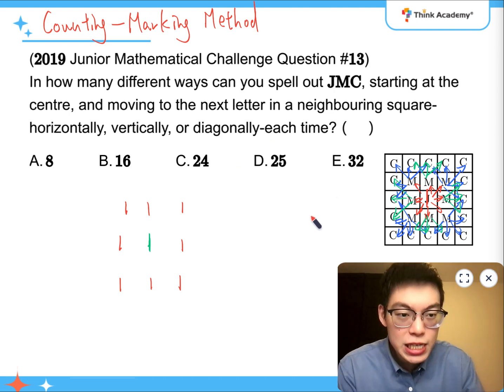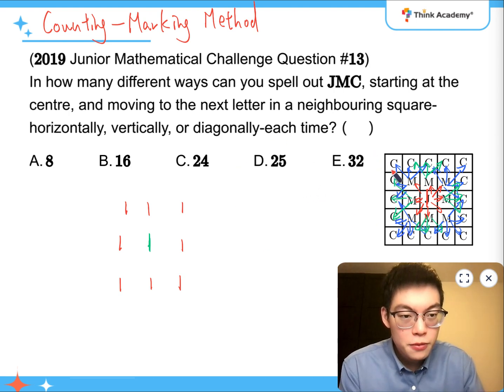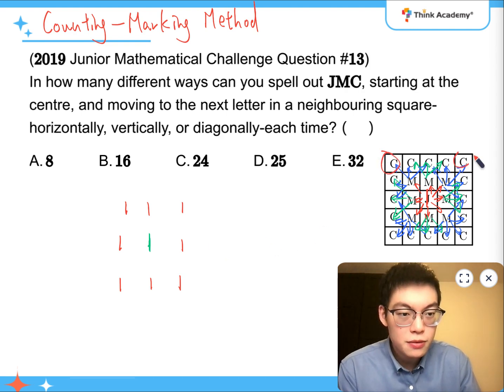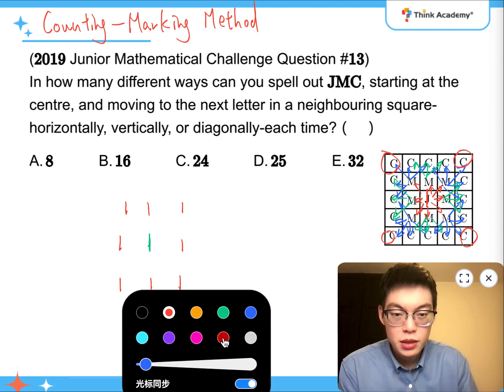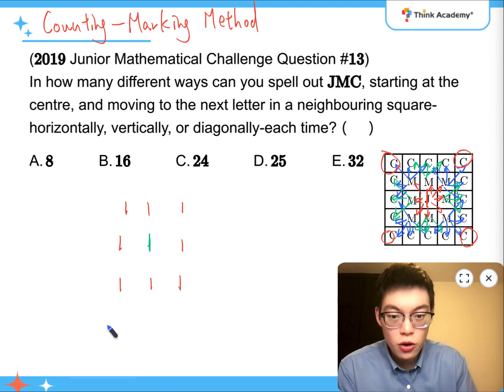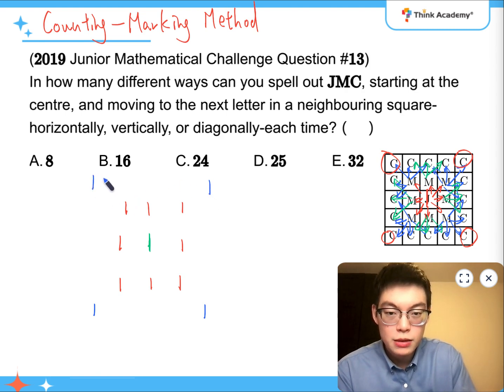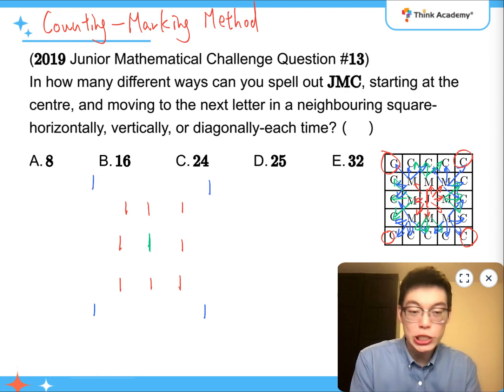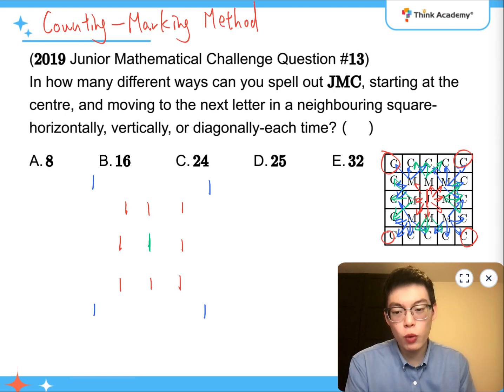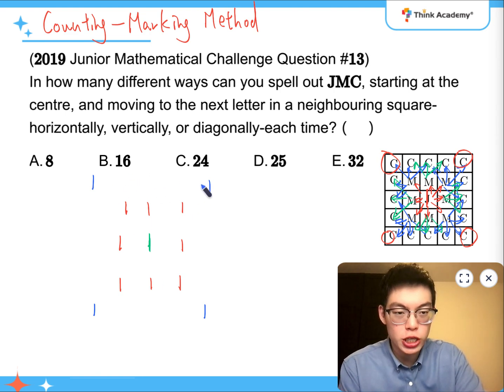But then for C's, you can see that for the corner C's, only the corner M's can get to them, right? So the corner C's have got 1 way each, which means that I've got only 1 way to end with each corner C.